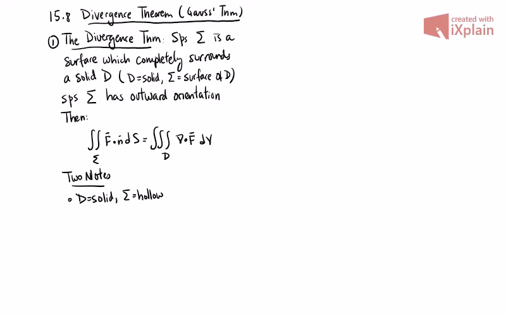So for example, if D were a solid cube, then sigma would be the hollow surface. One way you can think about it is if you take a D and you were to paint it, and then you were to make the object vanish, the paint would be the sigma. It would be the thing around the edge.